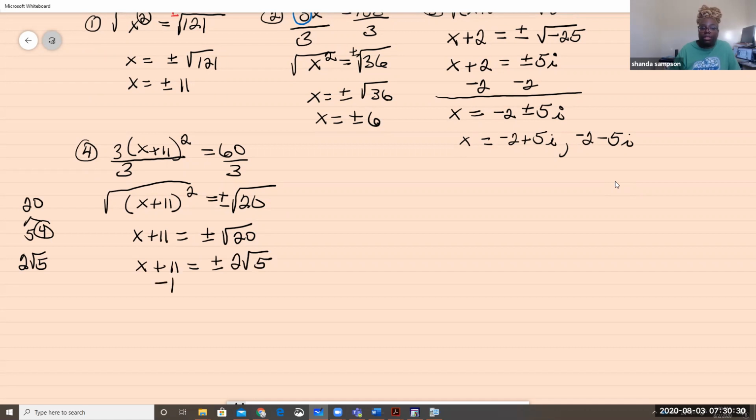Now you can subtract 11. Subtract 11, and you get x is equal to negative 11 plus or minus 2 radical 5. Okay. And again, your instructor can ask you to write it in 2 separate answers, x is equal to, or your software program.